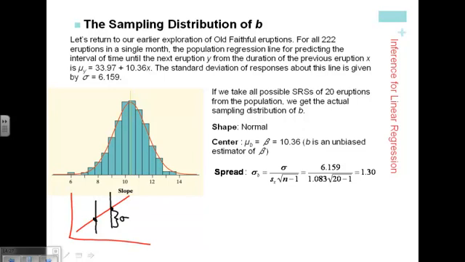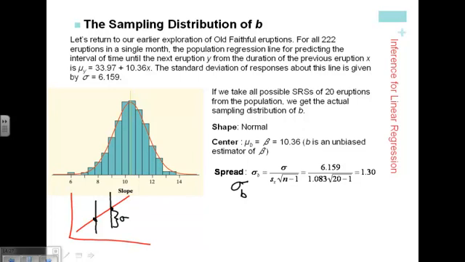This is the spread of how much variation do we have in the slope data. And you could probably hardly see this, but that spread we have a different symbol. We call it sigma sub b, the spread of the b values, the spread of the slopes. We need to make sure that we don't confuse those two.